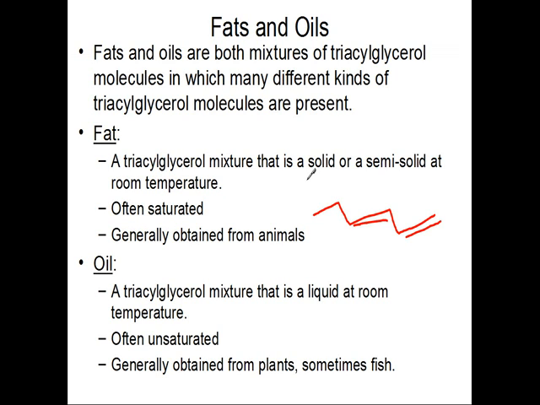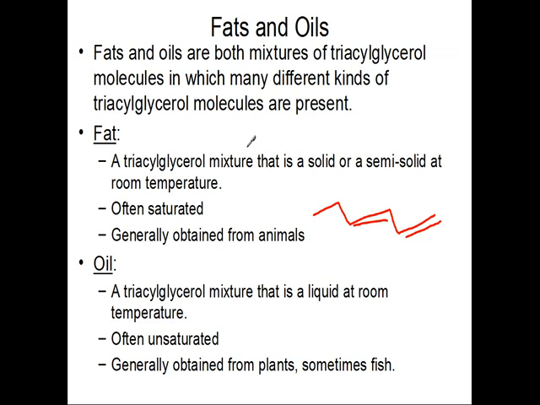That's simply because you're taking away hydrogens that can contribute to London forces. So unsaturated fats, things with double bonds in them, tend to be oils. They're often unsaturated because that lowers the melting point, so they tend to be liquids at room temperature.